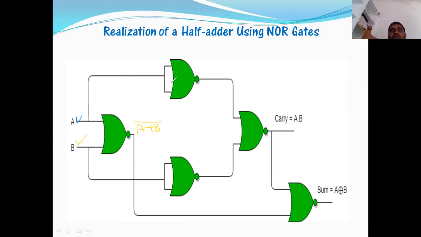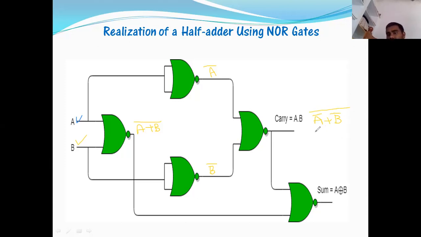And next here we have A with a NOT gate. That is here we are getting A bar, and here we are getting B bar. Okay. So A bar and B bar, plus here directly we are getting A plus B whole bar.